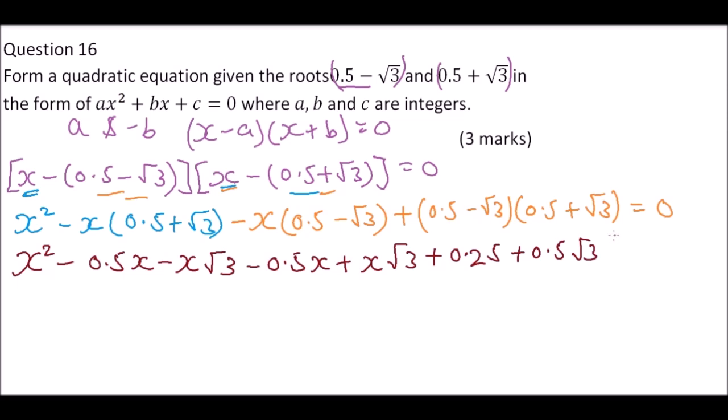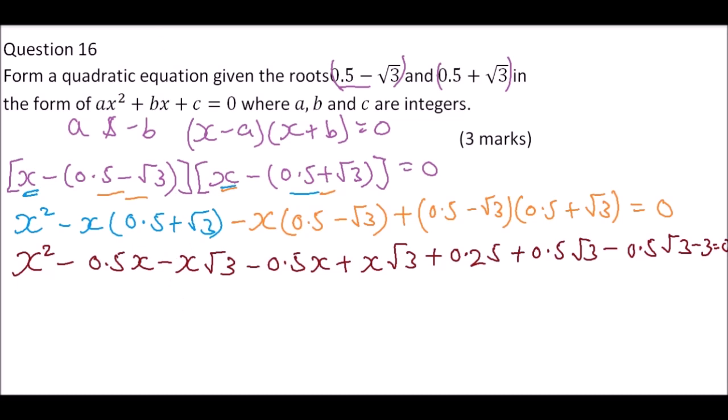Then minus root 3 times 0.5, that will be minus 0.5 root 3. Then finally we have root 3 multiplied by root 3. That should give us minus times positive is minus, so that will give us minus 3 is equal to 0.